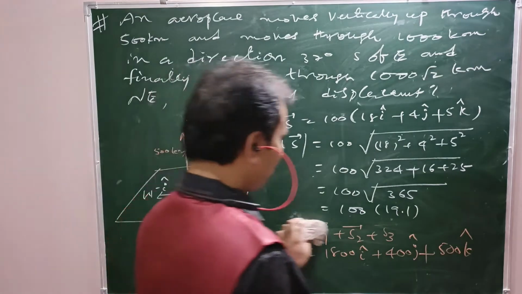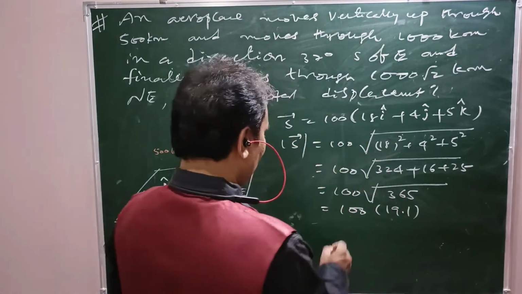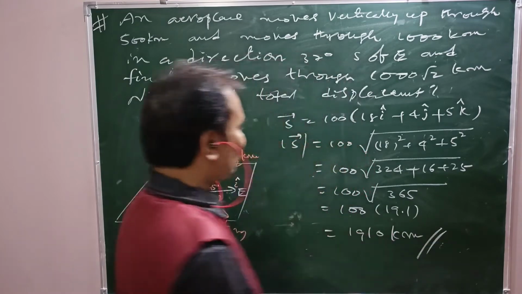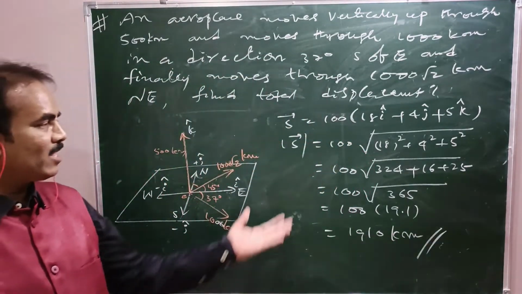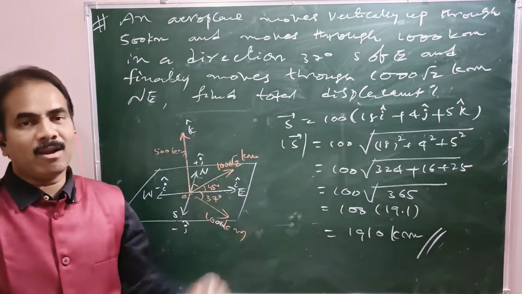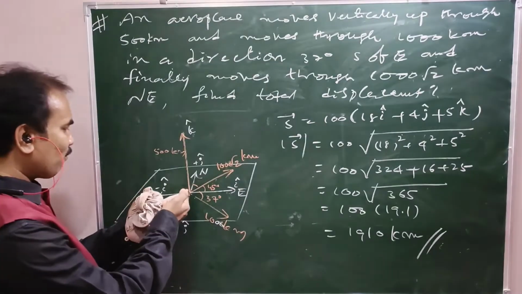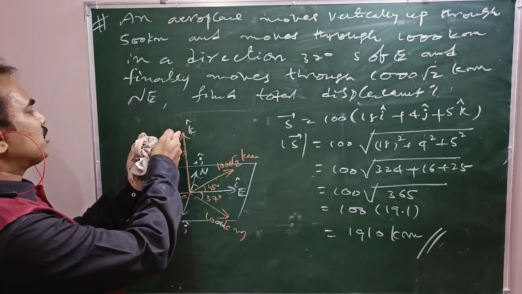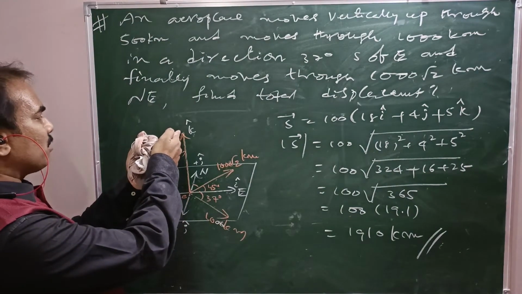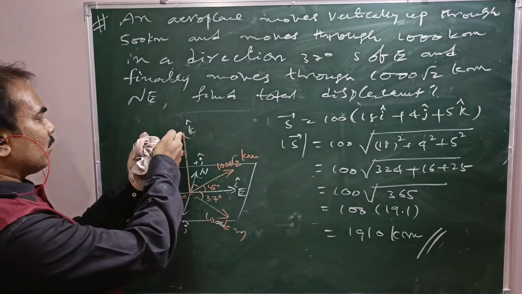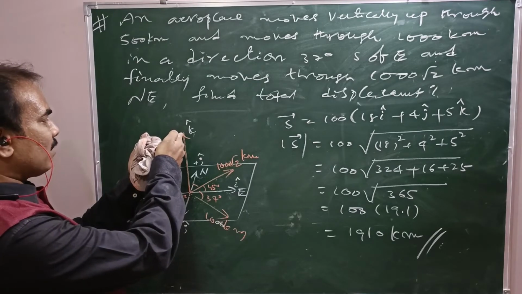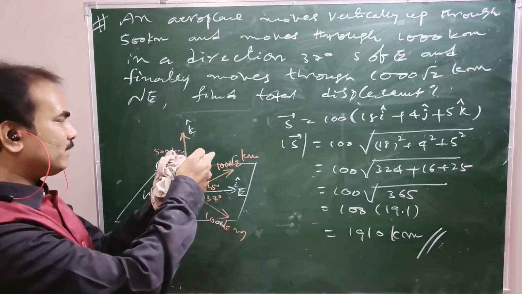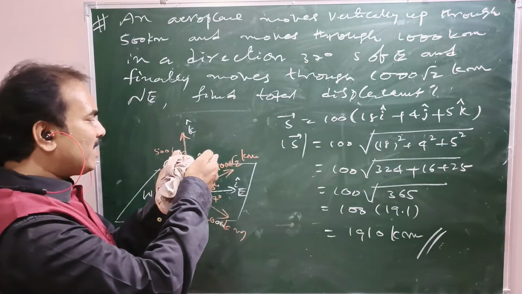That is 1910 kilometers. So this is the total magnitude of displacement covered by the aeroplane. Also you can see, initially the aeroplane moves through 500 kilometers vertically up, from which 1000 kilometers at 37 degrees south of east, that is in the fourth quadrant, from which 1000 root 2 kilometers northeast.